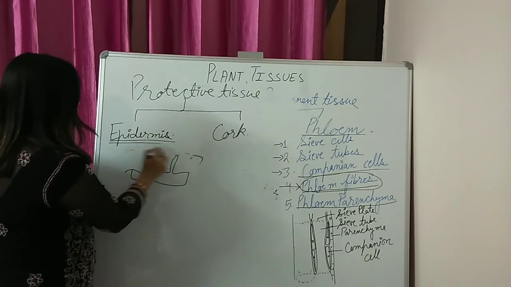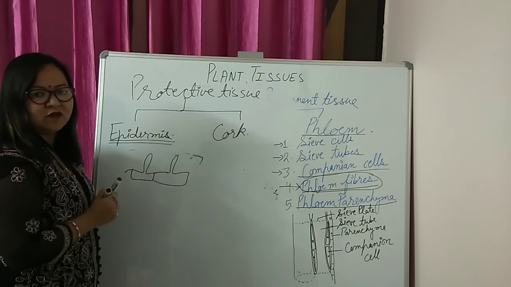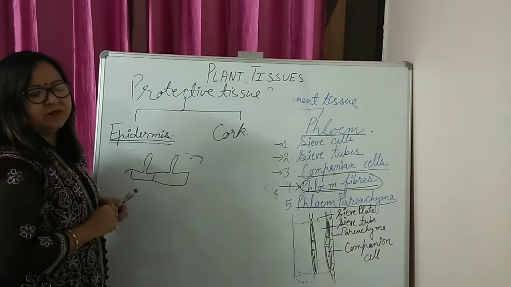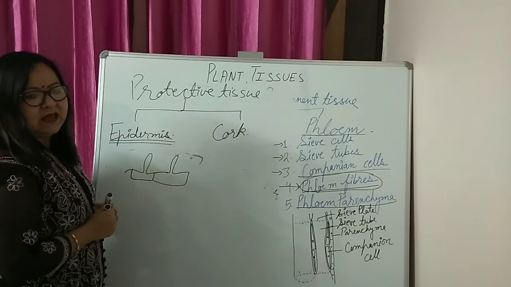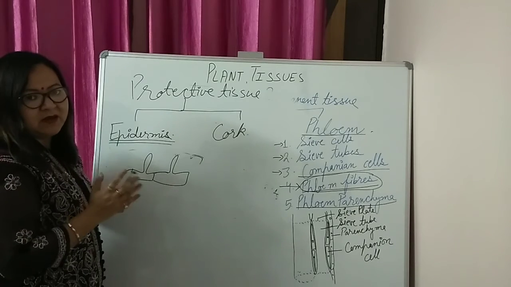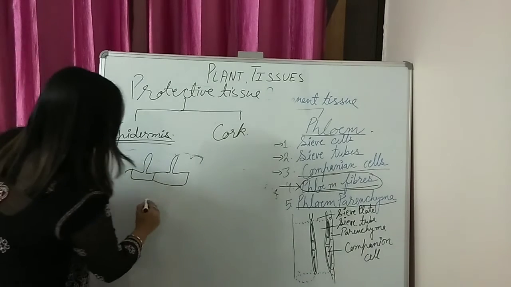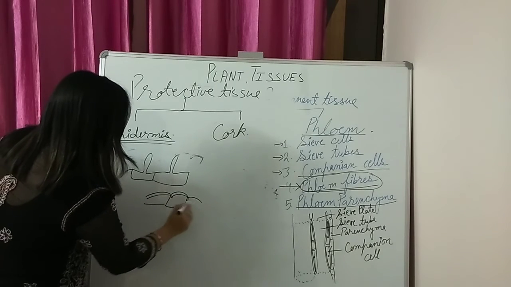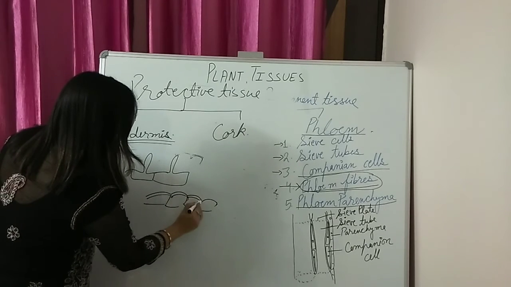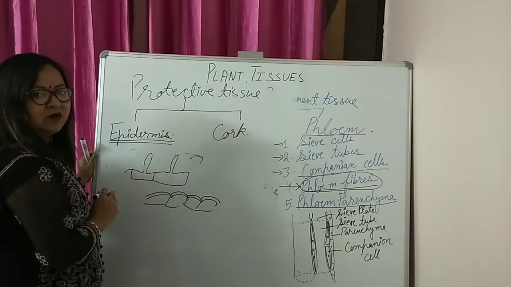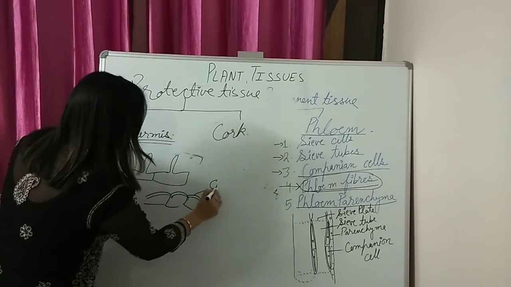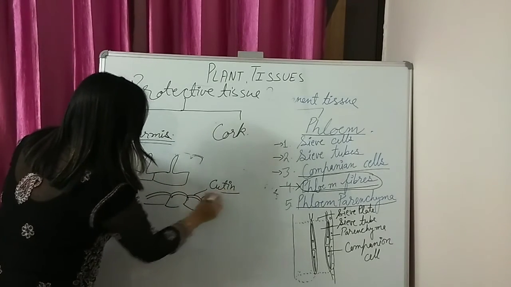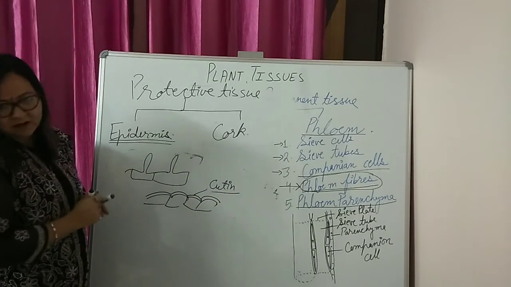Now, a special feature of epidermis in some desert plants: they have to minimize the loss of water. So in that case, the epidermis has a very thick waxy layer to minimize the loss of water, which is of cutin. This is about the epidermis.